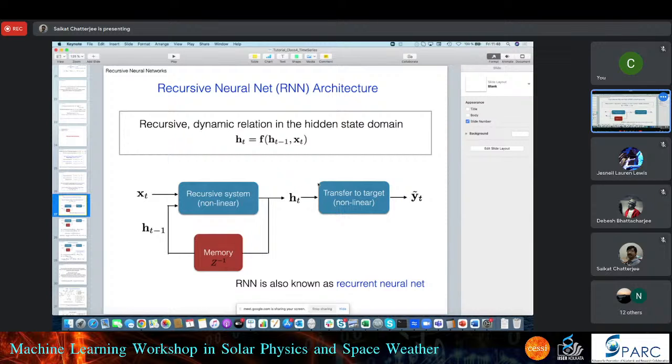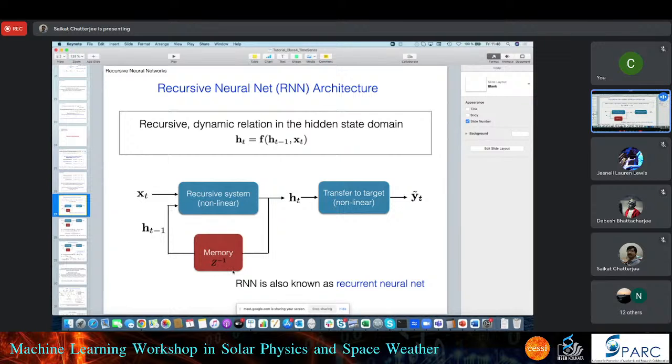Okay, so in a neural net, what do you do? I have written here recursive neural network architecture because I am giving the tutorial on this part, but you can think of it as a general architecture for a standard recursive system. It has an ht, which is the intermediate state, which is some kind of a function whose input is xt and ht minus 1.